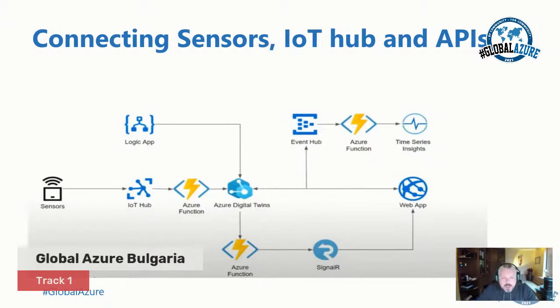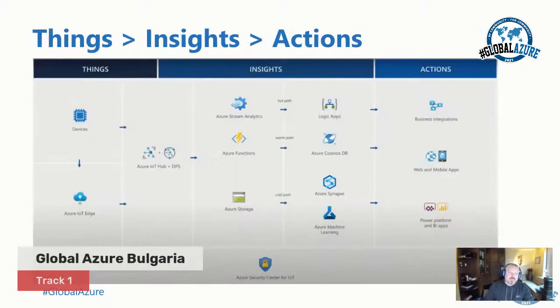Again, combining IoT Hub and Event Hub, it's never been easier. Basically, to connect any data source, all you have to do is identify which digital twin needs to be updated and call the REST API.